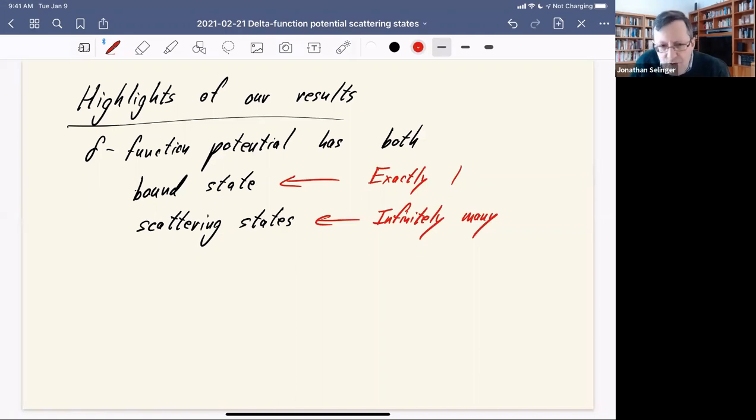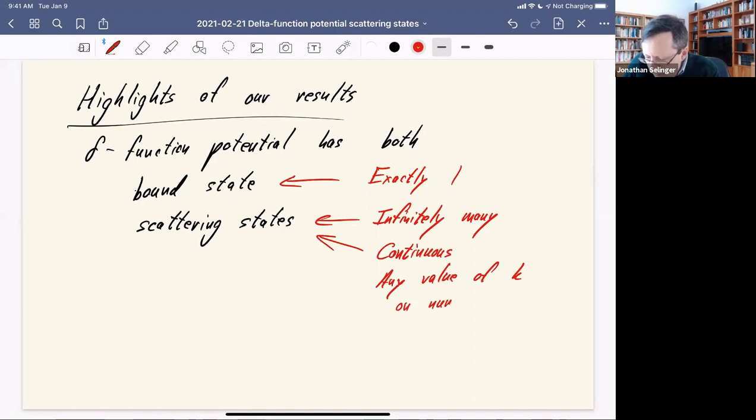And we also found that the scattering states are continuous. That is, we can have any value of k on the number line. But the bound state is discrete. That is, we can count it.